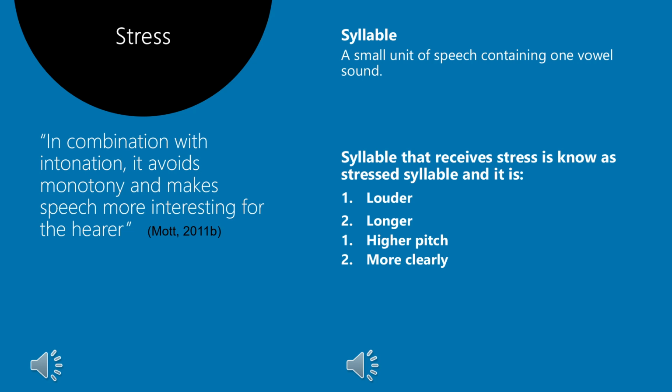The syllables that receive stress are known as stressed syllables, and they have certain features. For example, they are always louder, they are longer, they have higher pitch, and they are enunciated more clearly.